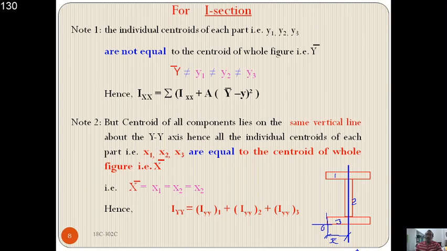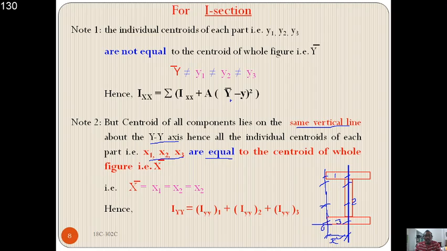Being symmetric about the y axis, the distance x3 from this point is also the same as x bar. Even the distance from this point to this point, x2, is also the same, and for x1 also the distance from this point to this point will be the same. Hence, for this particular case of the I section symmetrical about the y axis, the same vertical line passes through all parts, so x1, x2, x3 are equal.